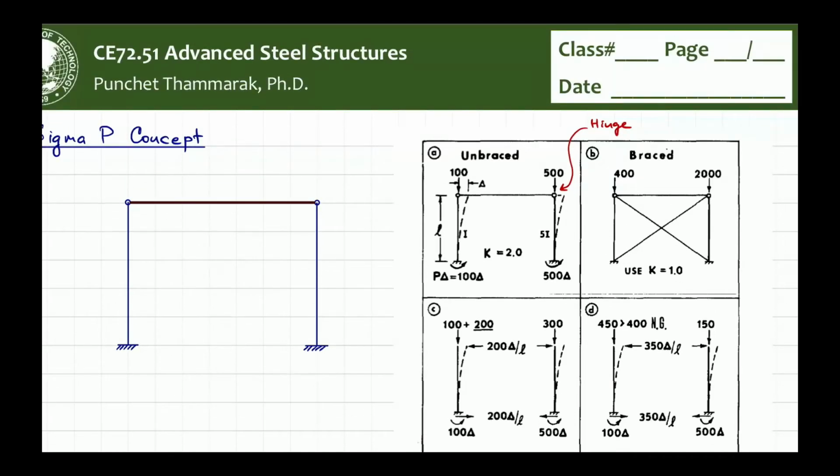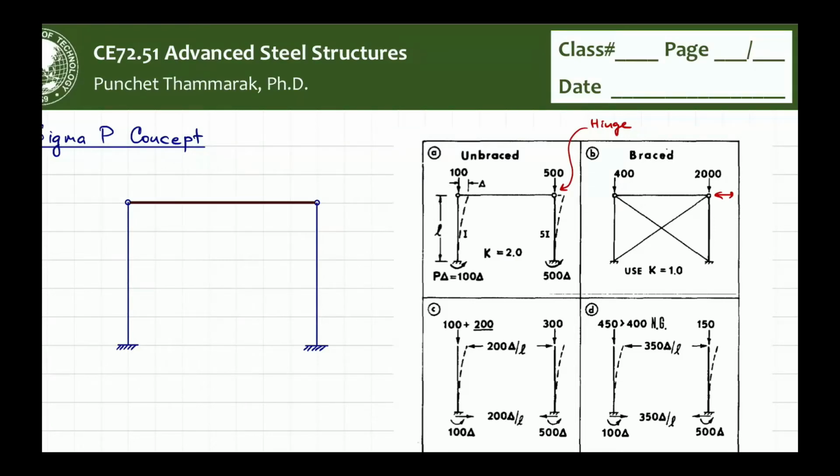Whereas in case B, you have the same columns, left and right made of the same thing, but you restrain the top of the column such that lateral movement at the top is not possible. So what happens?